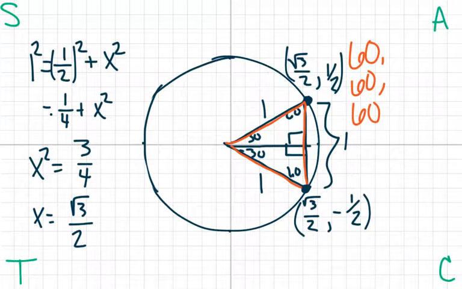If we look at our signs for our coordinates here, we see that it is indeed our cosine that is positive, because our cosine of theta, so our cosine of 30 degrees, is root 3 over 2. So that means that our reference angle, right here, is 30 degrees.